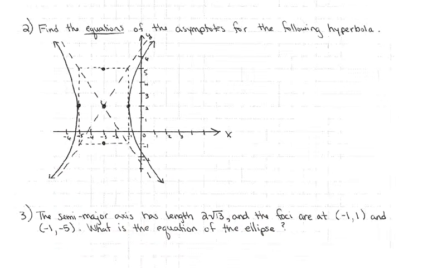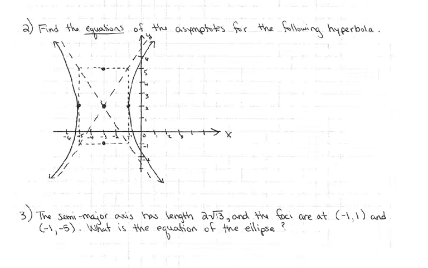Number 2, find the equations of the asymptotes for the following hyperbola. We were focusing on only the slopes of the asymptotes of the hyperbola, but not the actual equations of the asymptotes. Well, the equations are actually really easy to find because, first of all, you need to know what the slope is.